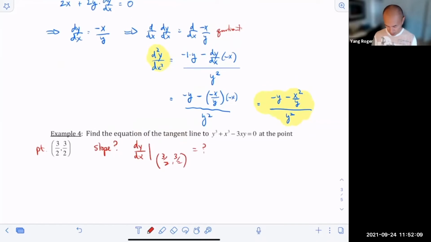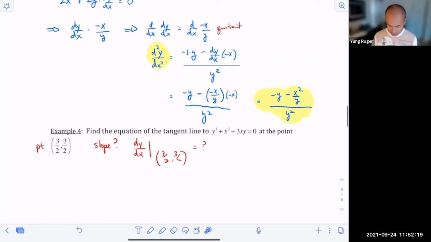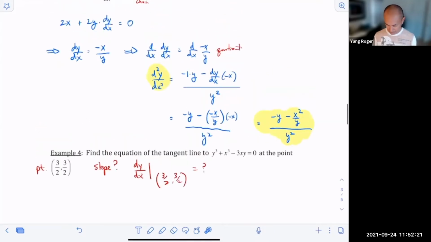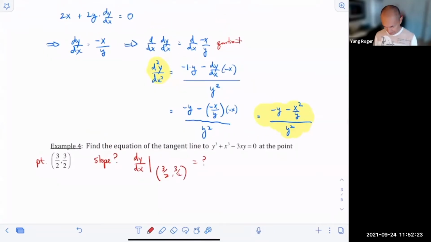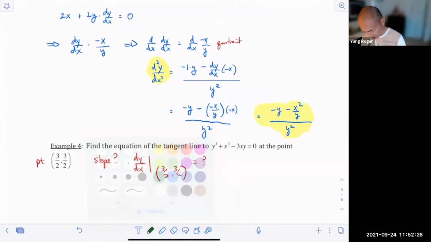A student asks, why don't we cancel this y? I'm not sure what she means by canceling the y. You can multiply top and bottom by y if this y here bothers you. So if I did that, I would multiply top and bottom by y times y times y.